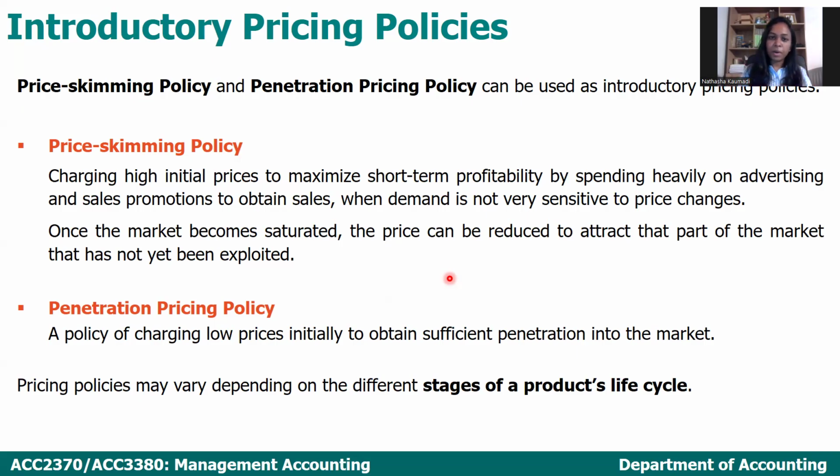Now, we are talking about introductory pricing: when you are introducing a new product to the market, what are the pricing policies available? There are two famous ones: price skimming policy and penetration pricing policy.